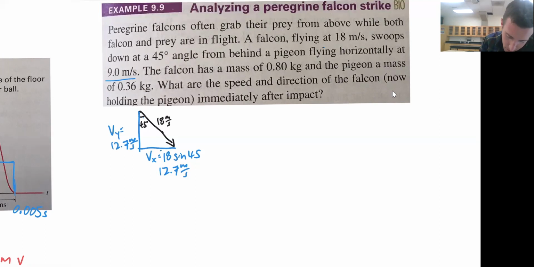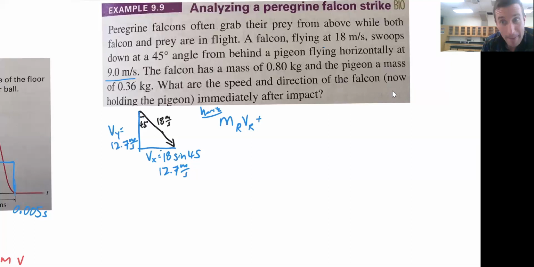So horizontally, this is the horizontal side, the mass of the falcon. I don't want to use F for falcon because that's the same as final. So I'm going to say mass of the peregrine falcon times the velocity of the peregrine falcon. Oh, but P is for pigeon. Dang it. I wanted to use F for final. How about raptor? R for raptor. Okay, peregrine falcon is a raptor bird.